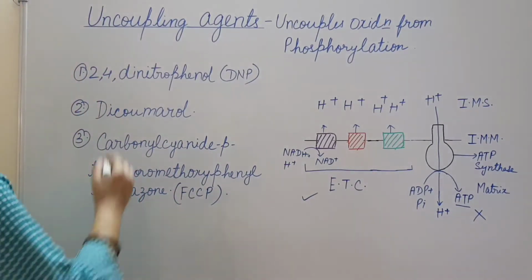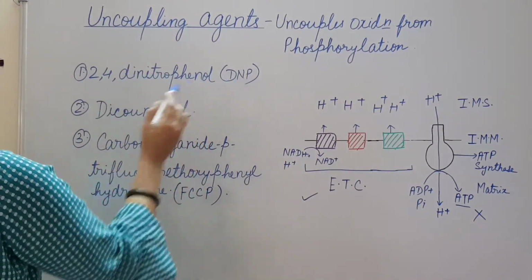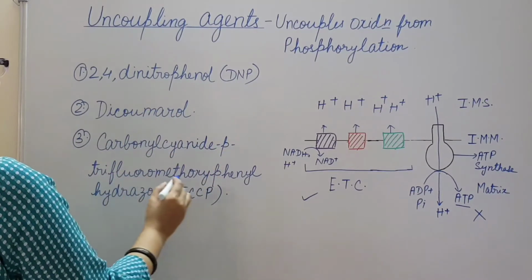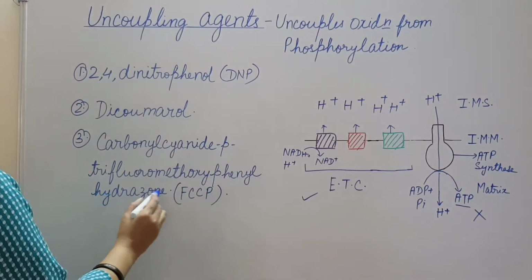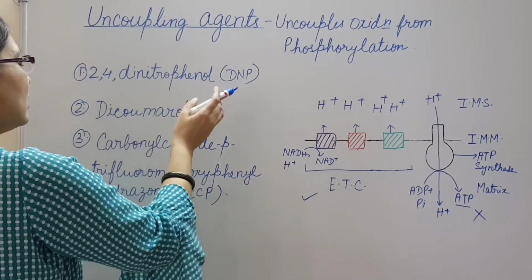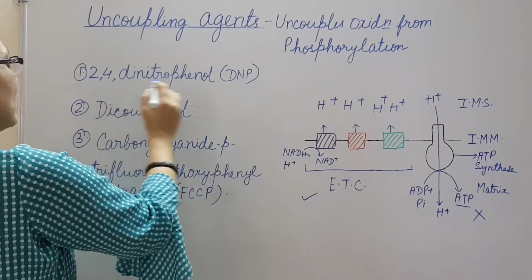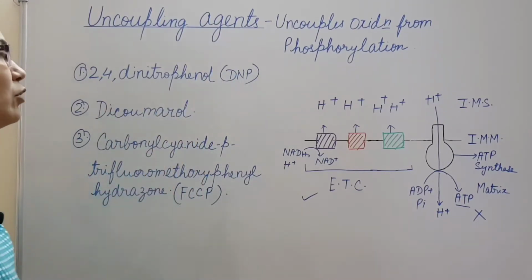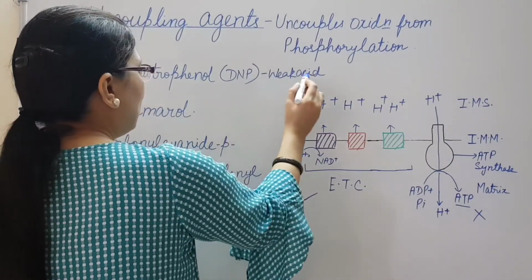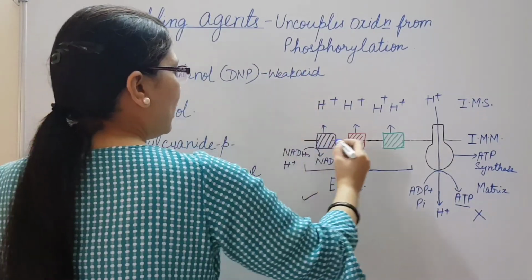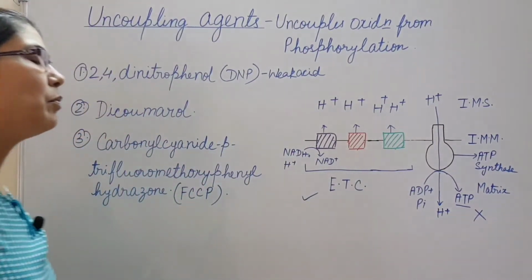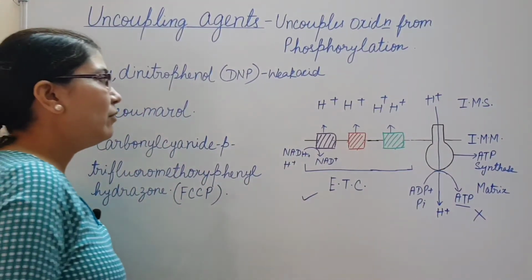Some examples of uncoupling agents are 2,4-dinitrophenol, dicoumarol and carbonyl cyanide p-trifluoromethoxyphenylhydrazone, that is FCCP. We can understand uncoupling agents by the example of 2,4-dinitrophenol, or in short DNP. DNP is a weak acid. It is soluble in the lipid bilayer of the inner mitochondrial membrane in its protonated neutral form or anionic form.